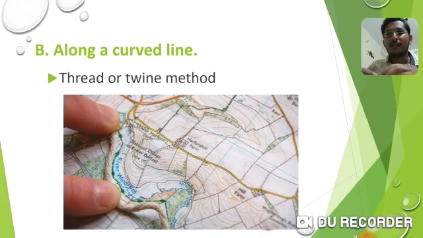That's how we can measure the distance along a curved line. So these are the methods of measuring distance on a map, and we know the actual distance of the ground.